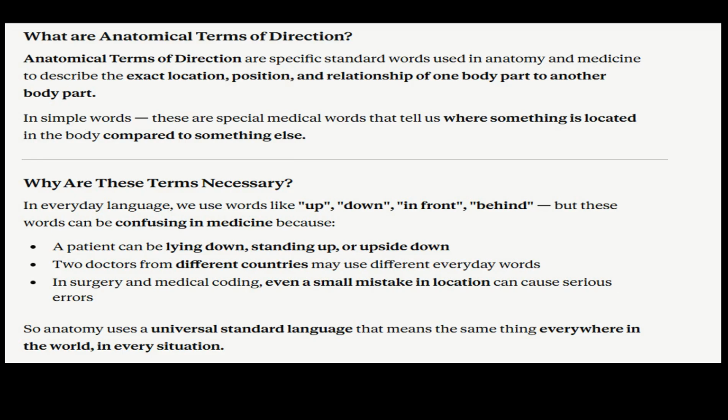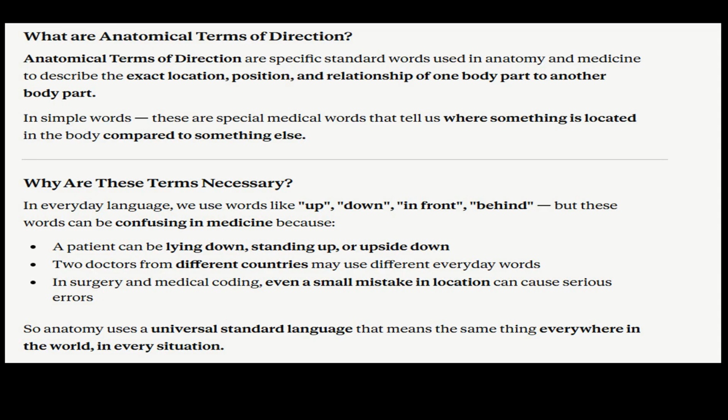In very simple terms, you can say these are special medical words that tell us where something is located in the body compared to something else. I think with these two simple definitions, it is quite clear what anatomical terms of direction are.